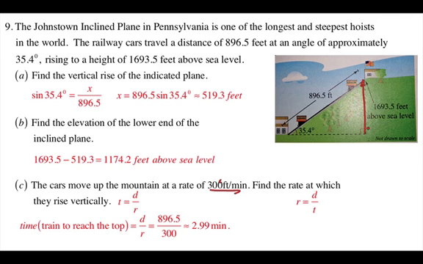So now, what is the distance from here to here? We found that already in part A. So I'm going to take that distance. I'm going to take the time that I found in part C, which is 2.89, and that is going to give me the rate of 173.8 feet per minute, and this is the vertical rate going from here to here.